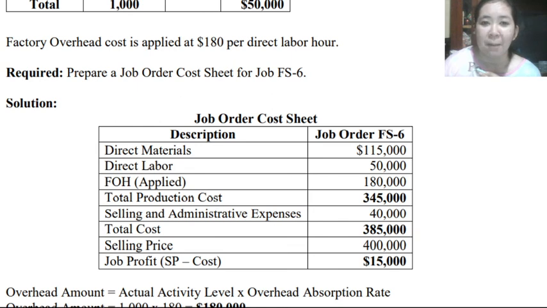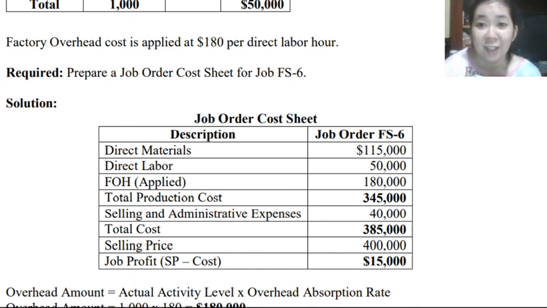This is just an example, but we can have another format which specifically provides line items, just like in preparing the income statement, where the selling price or the revenue is placed on top, and then we deduct all of the corresponding costs which relate to it to get our profit or loss. And we can also have the heading, in which the entity's name, the job order number, and the period or the month this job refers to.